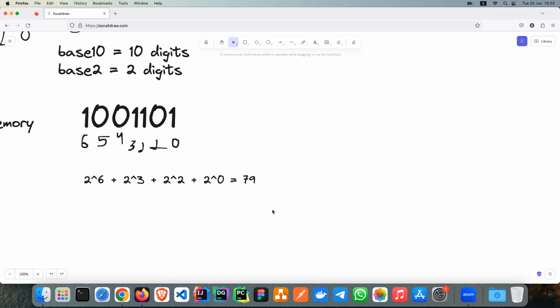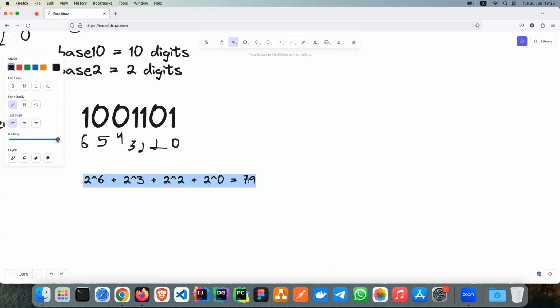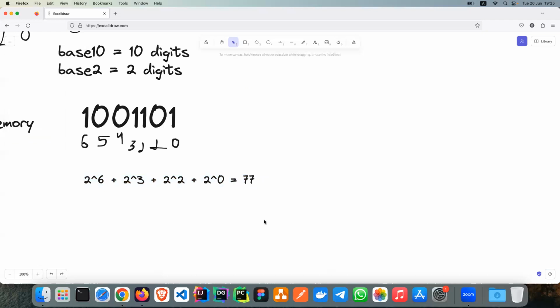Okay, this is how we convert from base 2 to base 10. My first answer was 77, and yes, I had added 2 extra numbers at first.